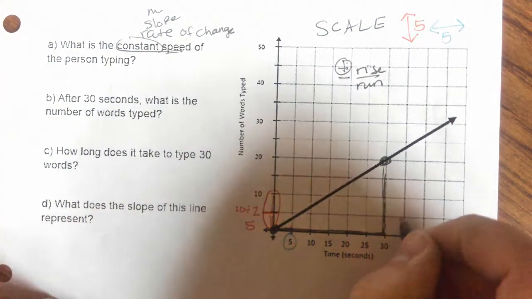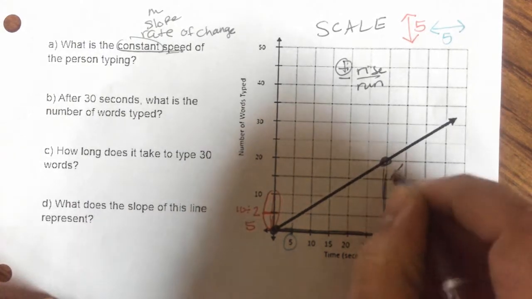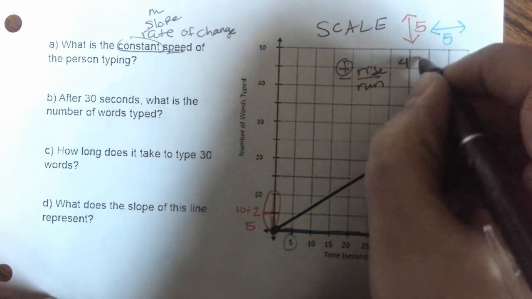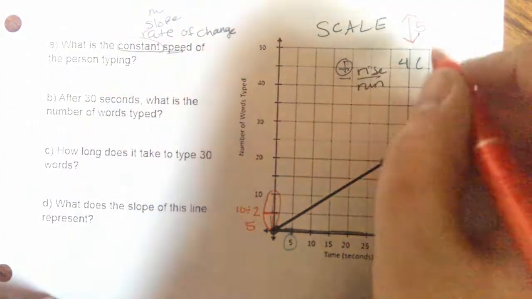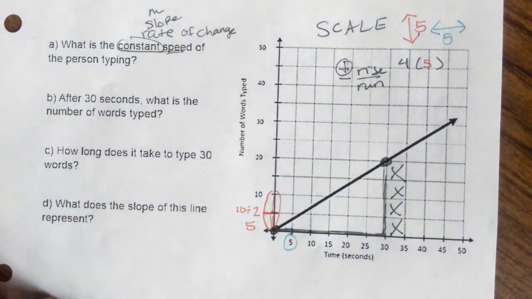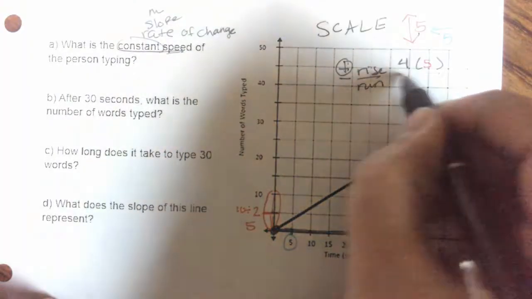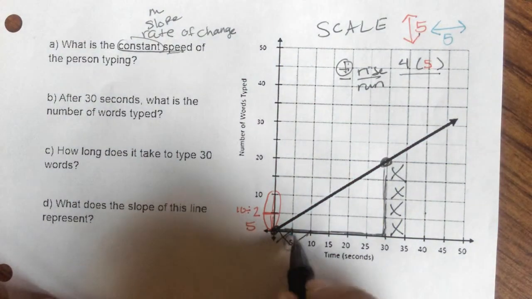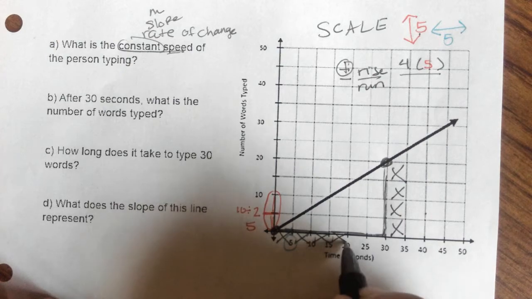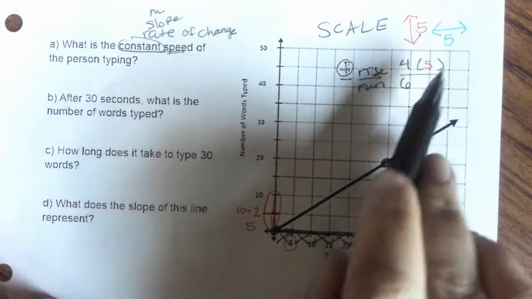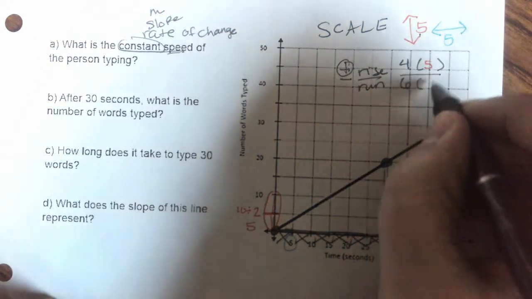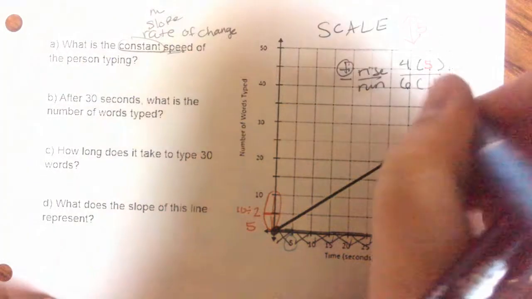My rise is 1, 2, 3, 4, but that's really talking about 4 5s, so that's 4 times 5. My run is 1, 2, 3, 4, 5, 6, but that's really 6 5s, so I have to multiply that by 5.